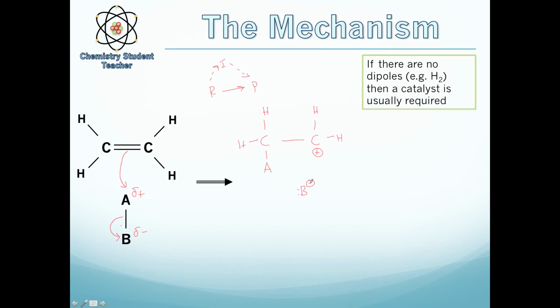Now what happens is, just like magnets, negative charge is attracted to positive charge, like north is attracted to south, the opposites. So what actually happens is this lone pair, both electrons, go and form a new bond with this carbon. A double-headed arrow is used, which then forms the product that we want.